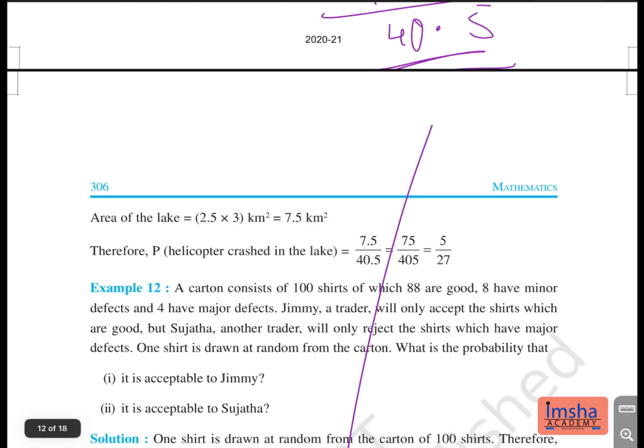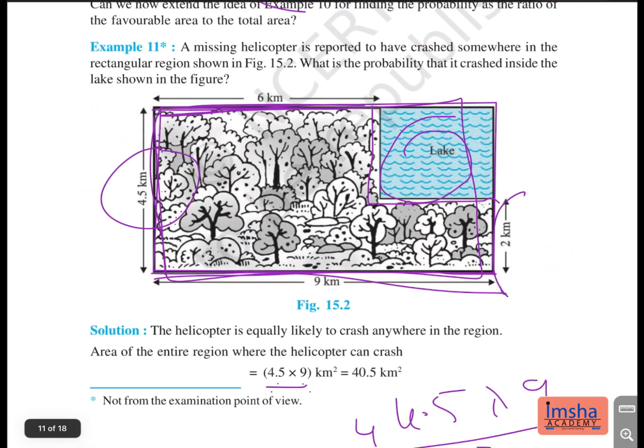So the area of the lake is, see here, 2 we have to remove from 4.5, that is 2.5, right? And 6 kilometers we have to remove from 9, that is 9 minus 6, which is 3.